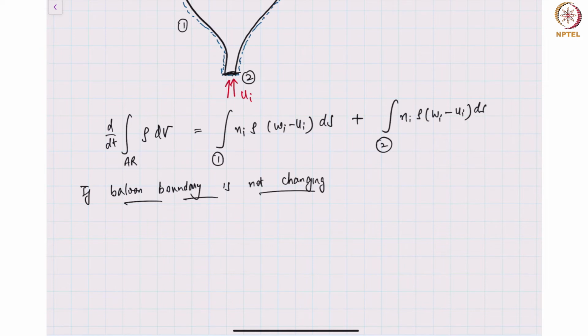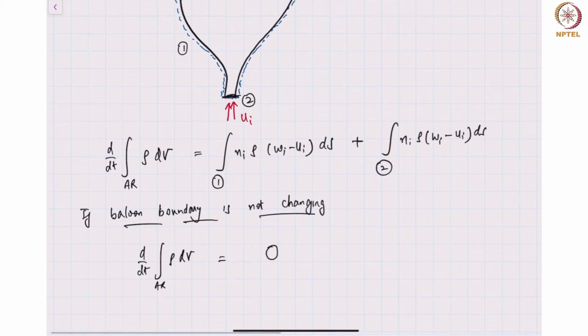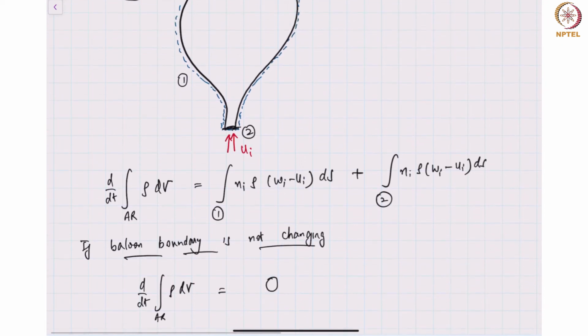Then in this entire situation, what I have is the rate of change of density, or the rate of change of mass, because clearly you're pumping mass into the system. The first term is 0 because the boundary 1 is not changing. For the second term, all that you have is ni rho u inlet ds.